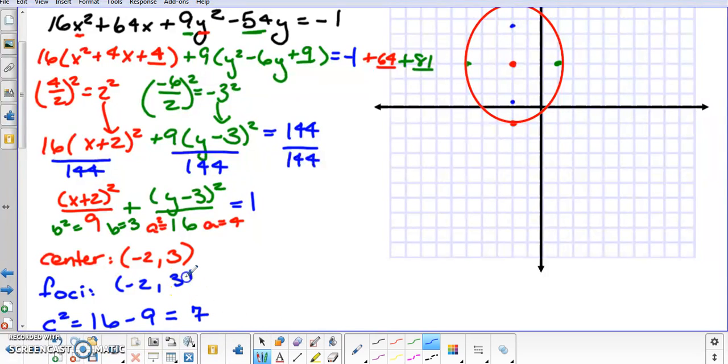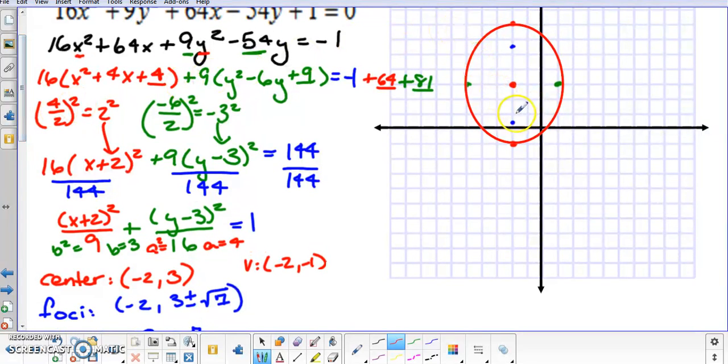That's going to be plus or minus square root 7 added onto that 3, because that's the y-axis that I'm moving along. Okay, my vertices, those are located at -2, -1, and -2, 7.